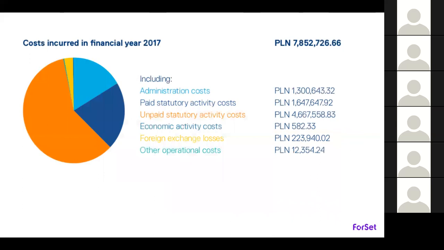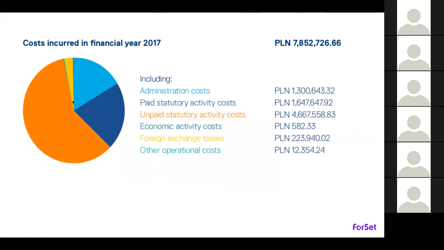Here we see that the pie chart is used to show costs incurred in the financial year of 2017. We see the total amount, which is 7 million Polish zloty, which is a very good practice. However, we do not see the percentages for each of those parts.